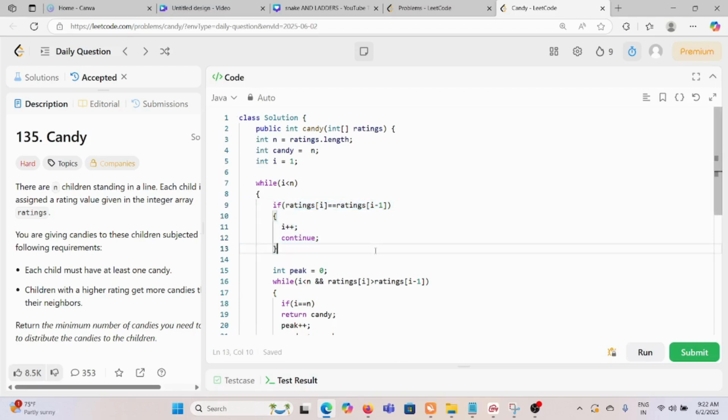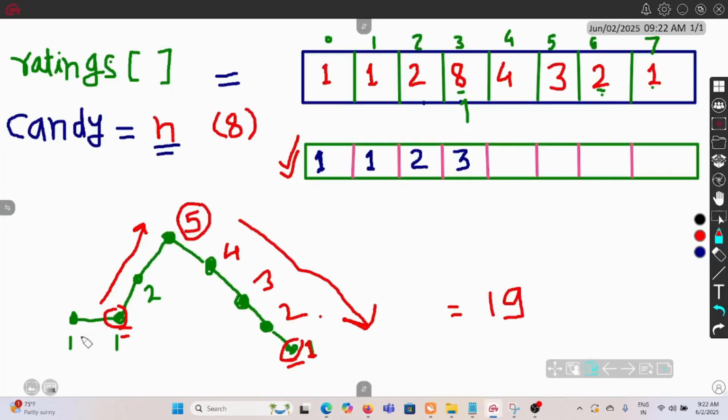Till the time the rating is equal, we don't have to do anything, we are just increasing. Similarly here, the first guy is 0, this guy has rating 1, this also has rating 1, so we started plain. We just gave 1 candy to both of them. The same candies go to those who have the same rating, so 1 and 1.